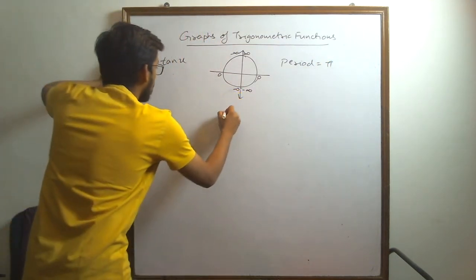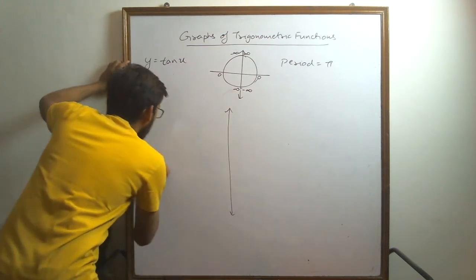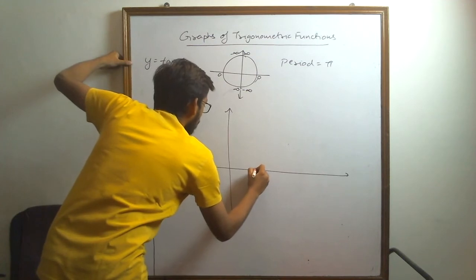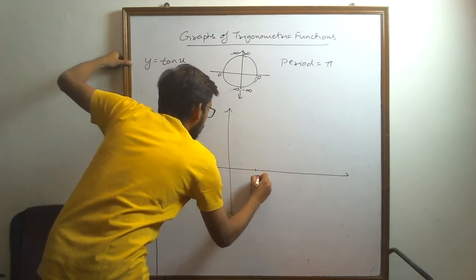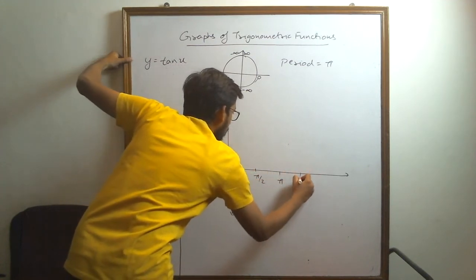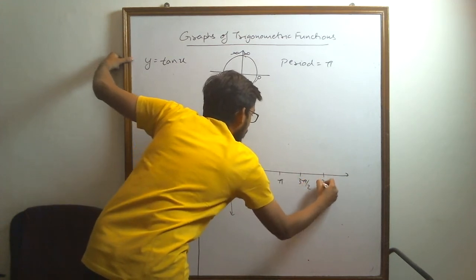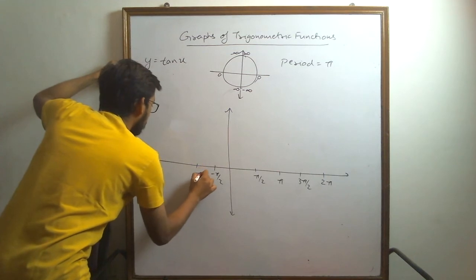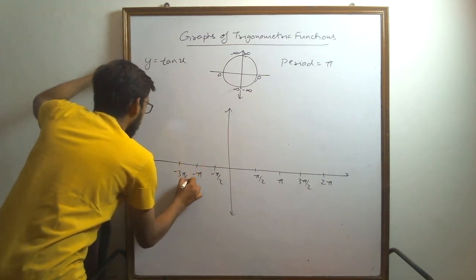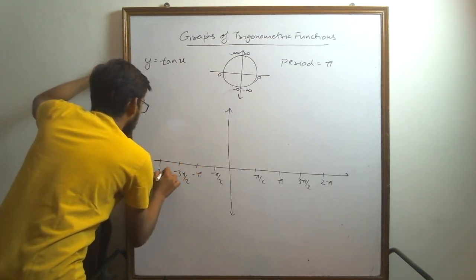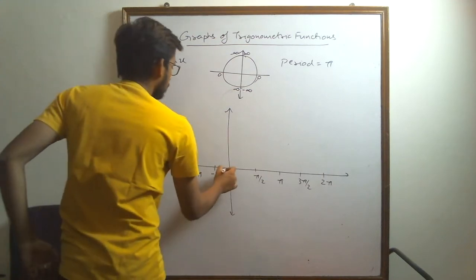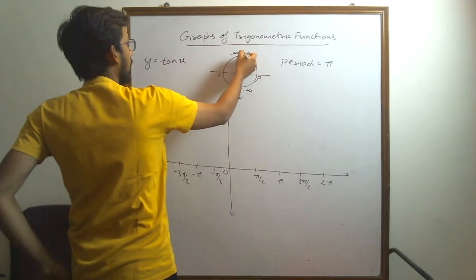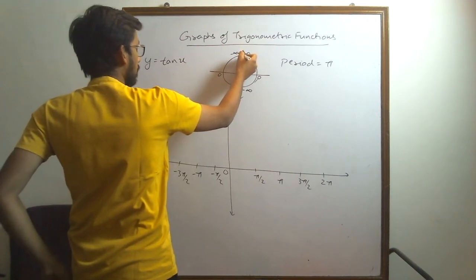So the graph of tan x, we see that the angle cannot be equal to pi by 2 ever.